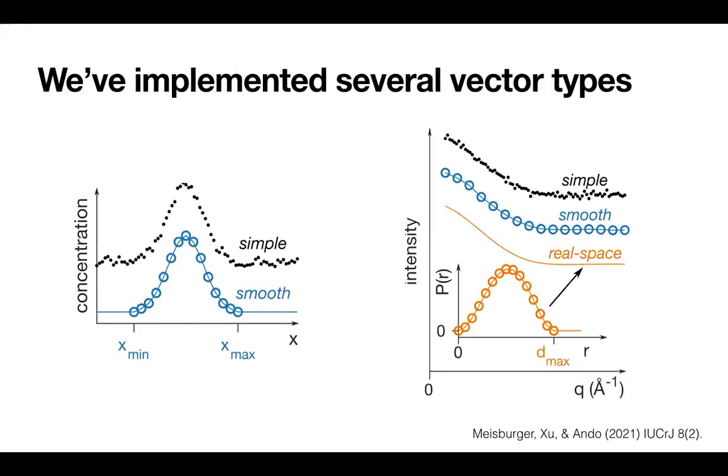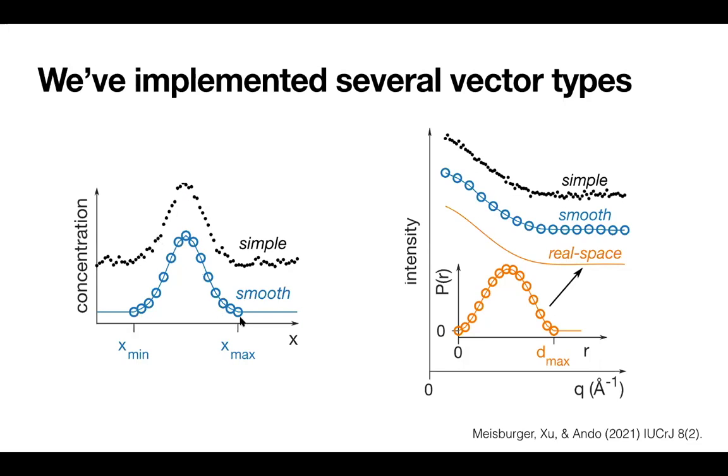Here are a few different basis vector types that we've implemented. On the left, this is showing the two options for concentration. You could either have a simple basis vector type. That just means that every value of time or position x that you measure gets its own parameter.